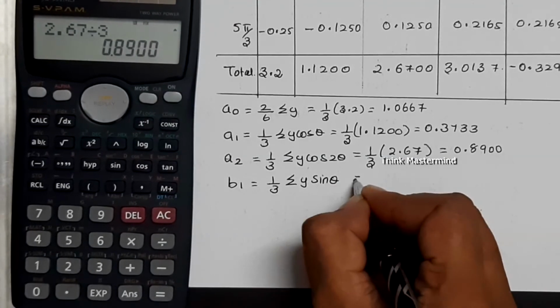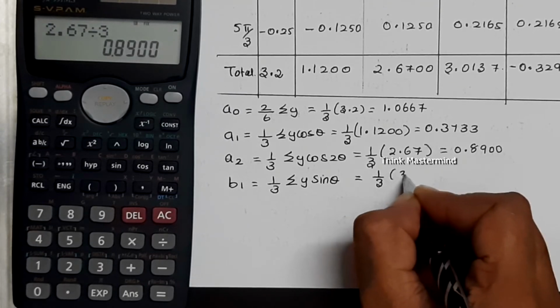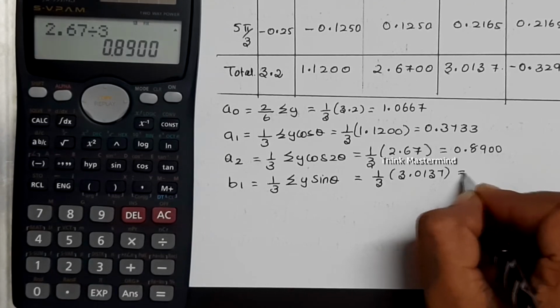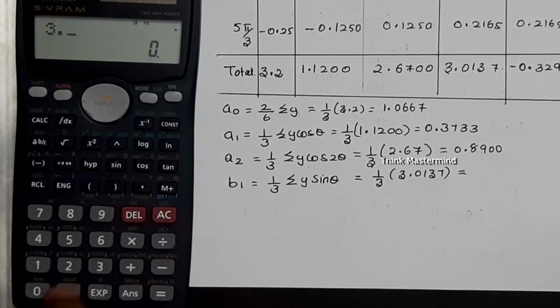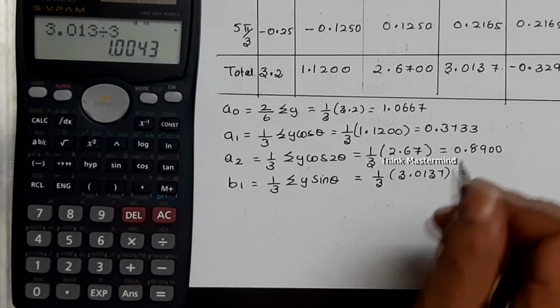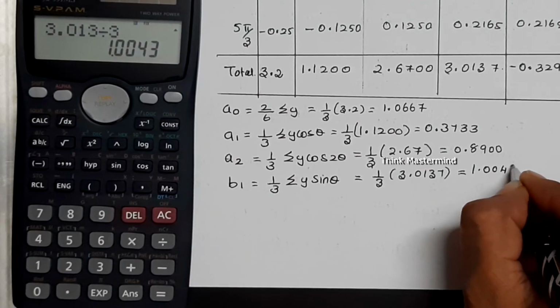value, that is summation y sin theta value is 1 by 3 times of 3.0137, that is equal to 3.013 divided by 3, that is equal to 1.0043.